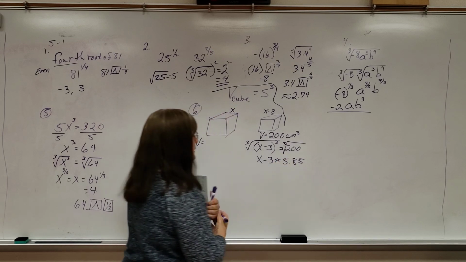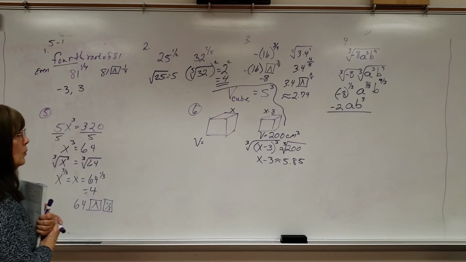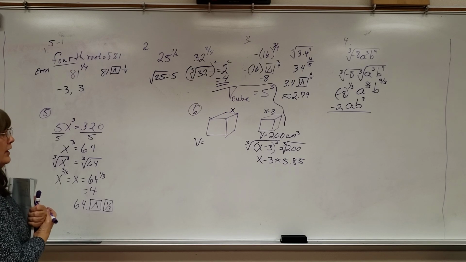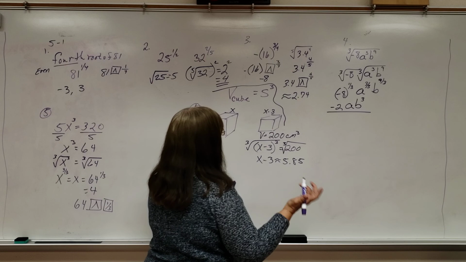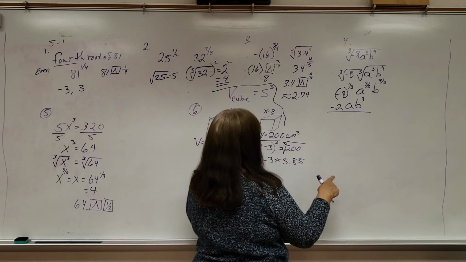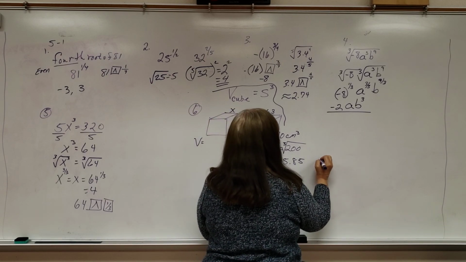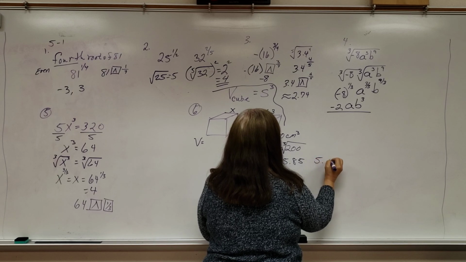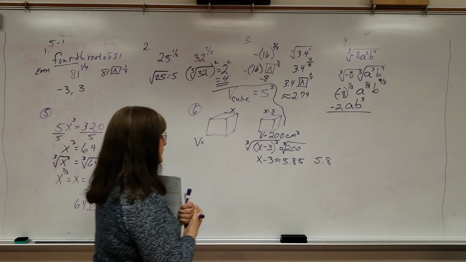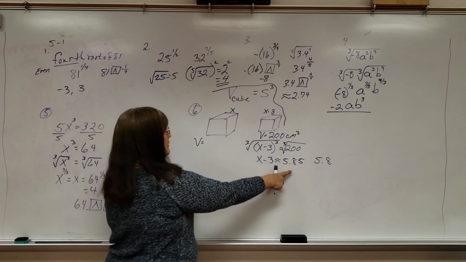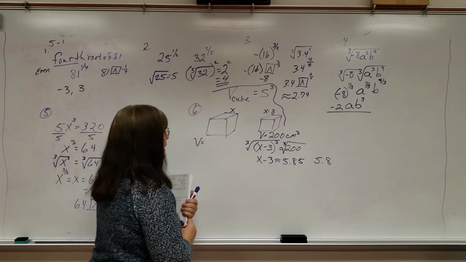You want to round it to the nearest hundredth. Now, if you forget and you just round it to the nearest tenth, you're going to get 5.8, which is fine also. So 5.85 or 5.8.